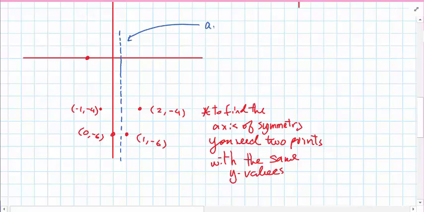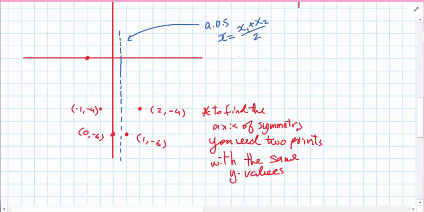The axis of symmetry is just going to be x equals something. Understand? So x equals, again, you're going to get x1. What is the midpoint formula? x1 plus x2 divided by 2.